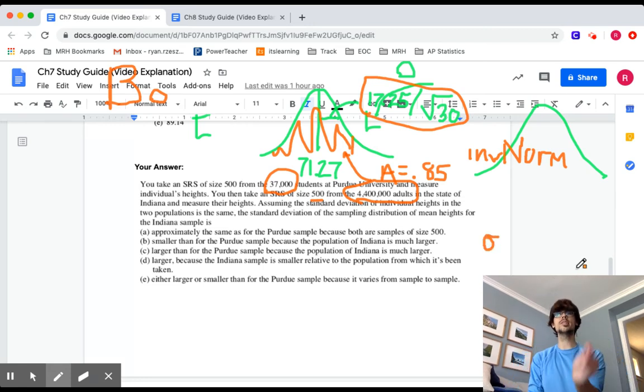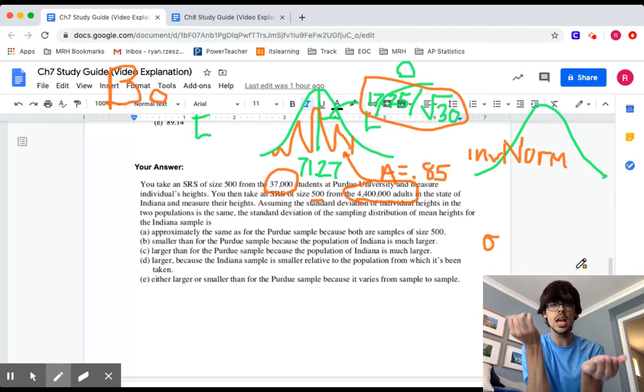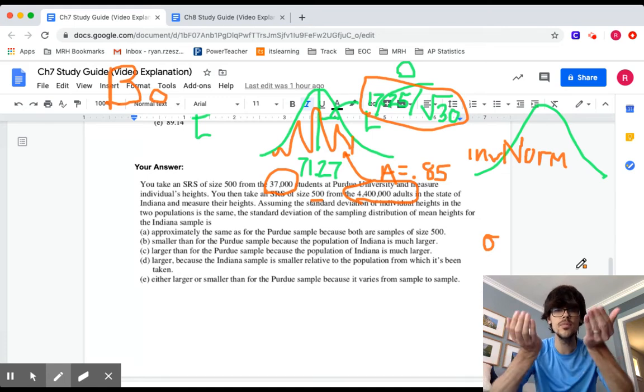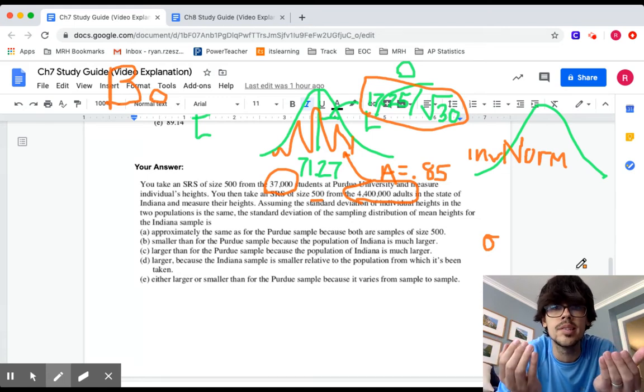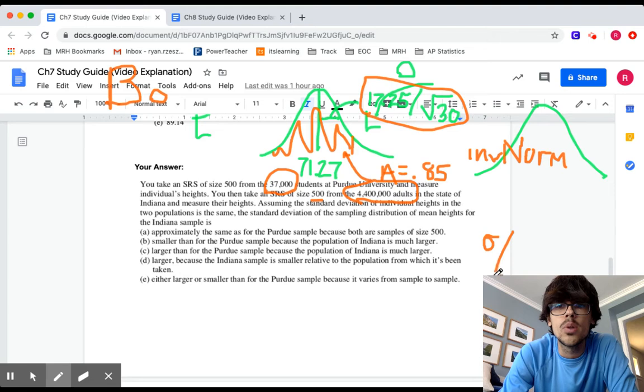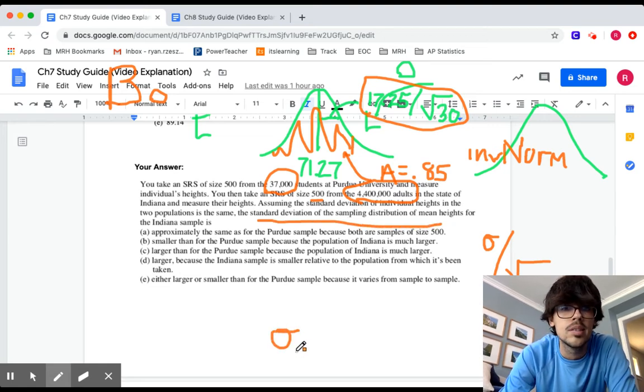The standard deviation is the same for your college and for your state.